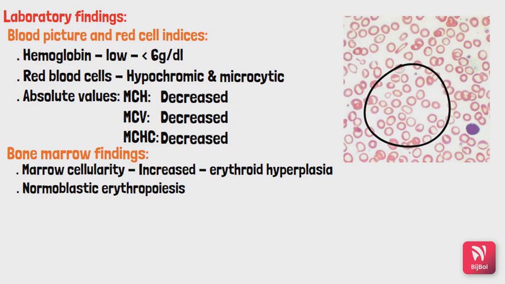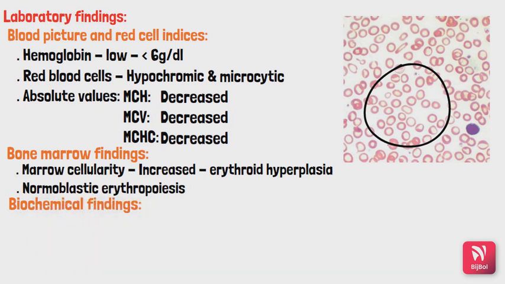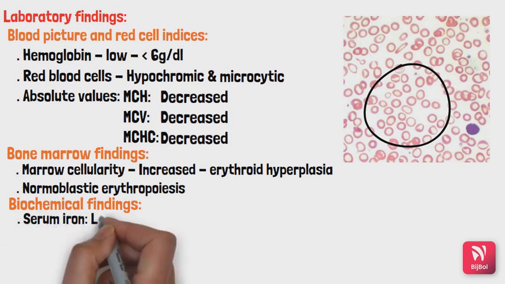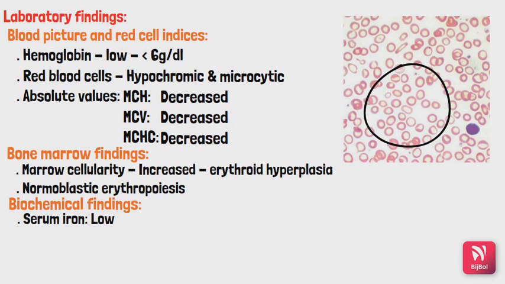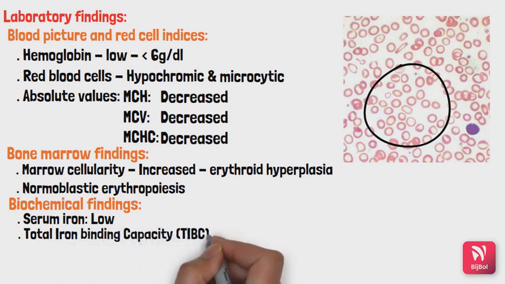Next we can even do biochemical tests to check for iron. As this is iron deficiency anemia, obviously serum iron concentration will be very low and the total iron binding capacity, that is TIBC, will be increased. And next, the serum ferritin concentration.